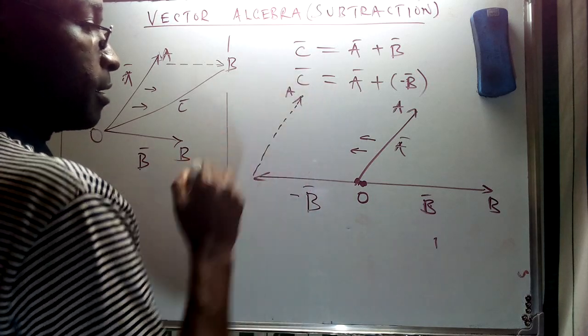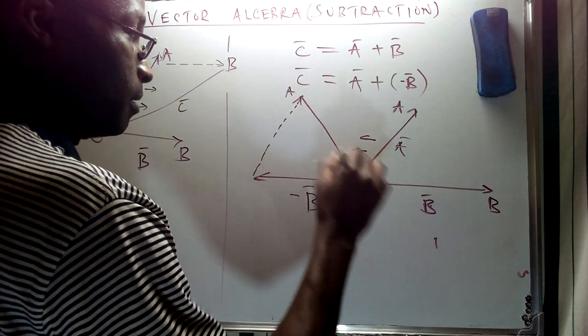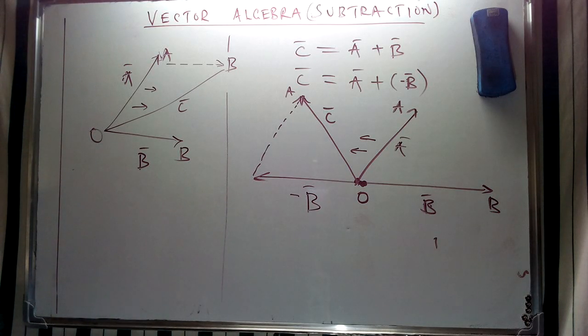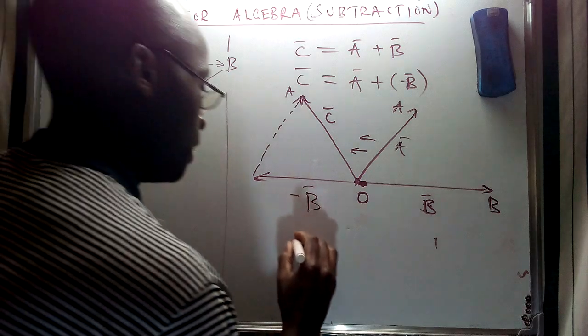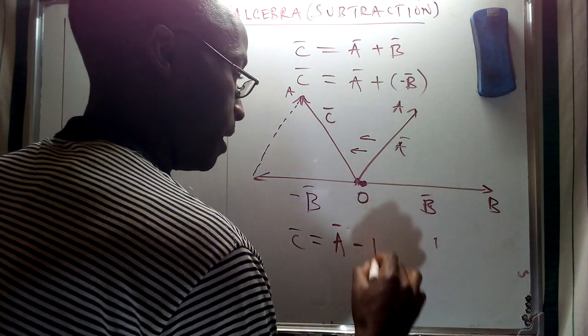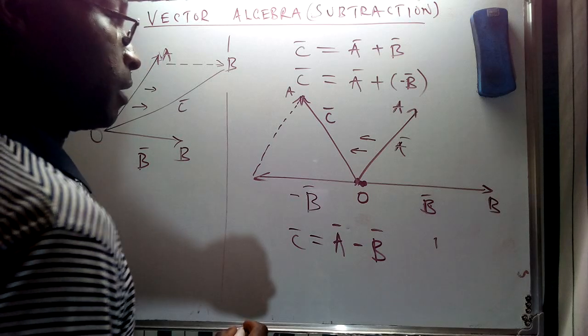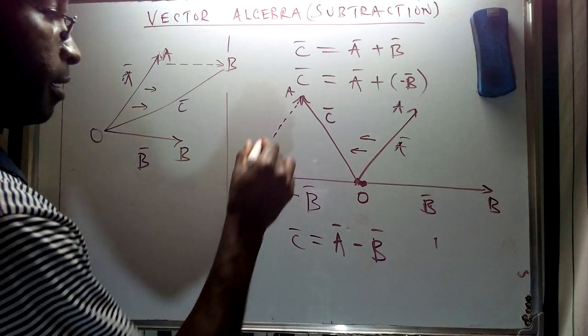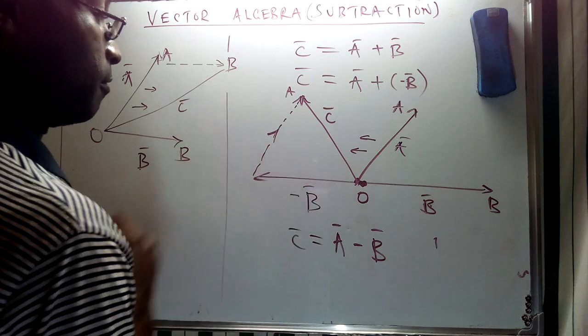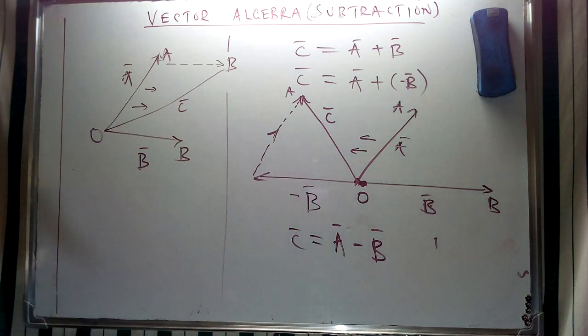So we have moved vector A from this specific point to this one. Therefore, it's going to give us a resultant vector that can be described as C in that direction. So C is going to be the result of vector A minus vector B, which is given as vector A and then minus vector B. This is what we call a resultant vector.